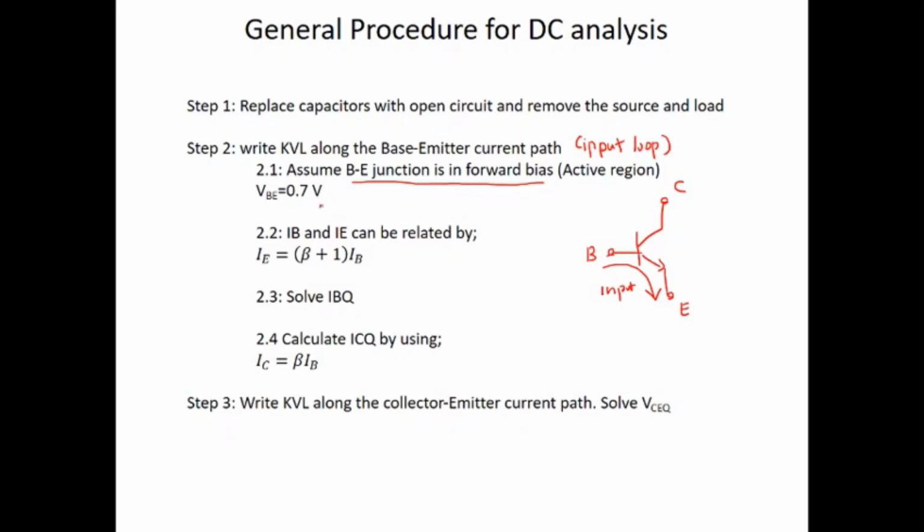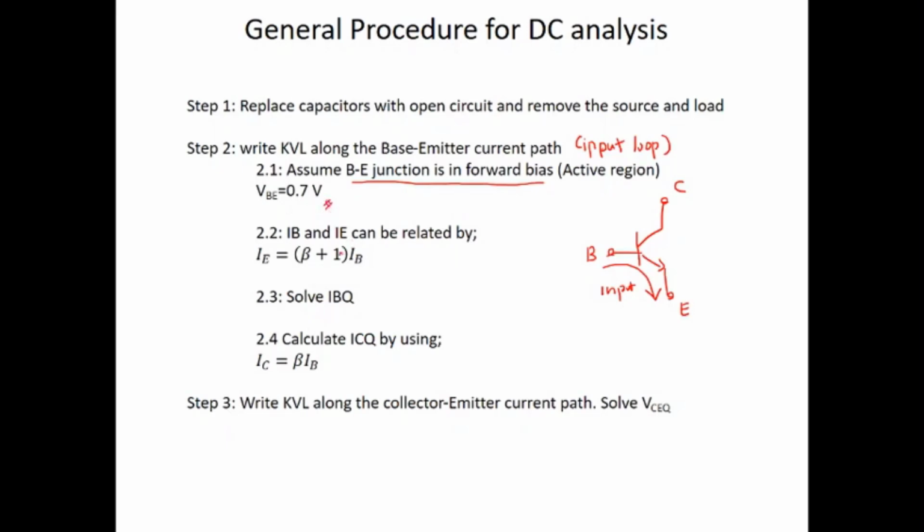This depends on the value of the barrier potential. If you assume the barrier potential is 0.65, then VBE will be equal to 0.65. But for this case, we will mainly use VBE equal to 0.7 volt. This is the first thing you need to consider when you do the KVL.